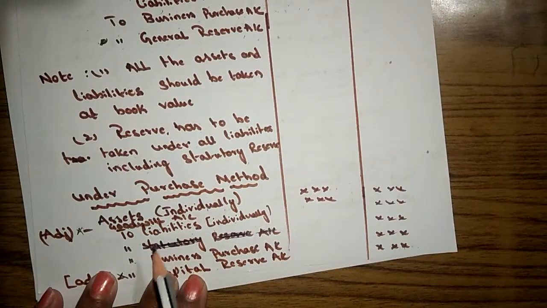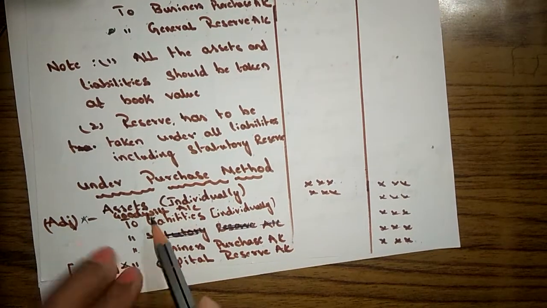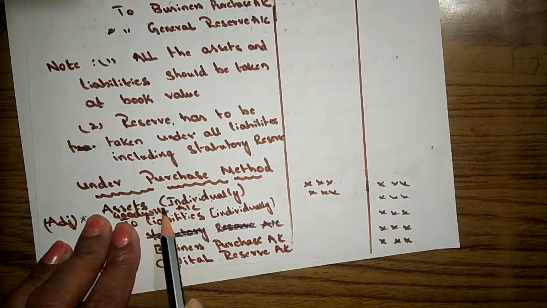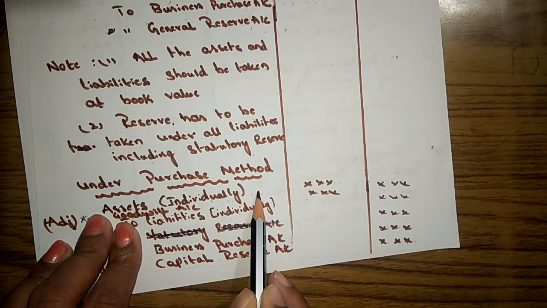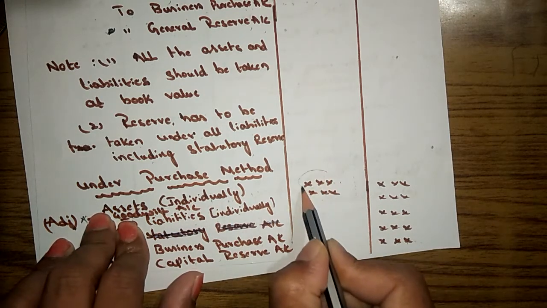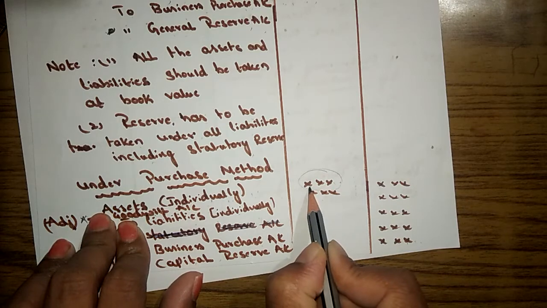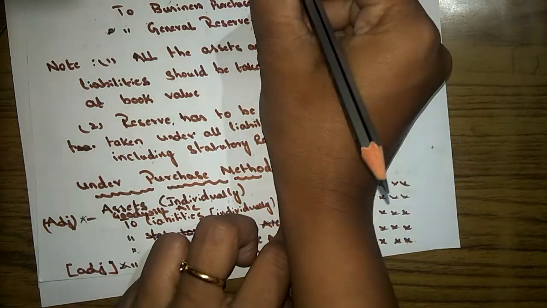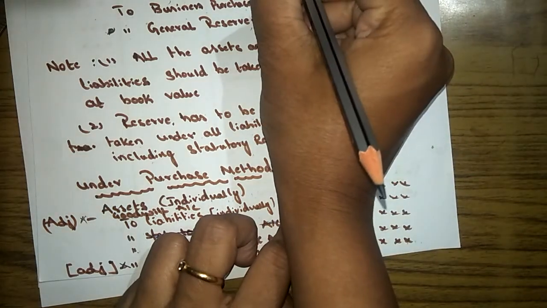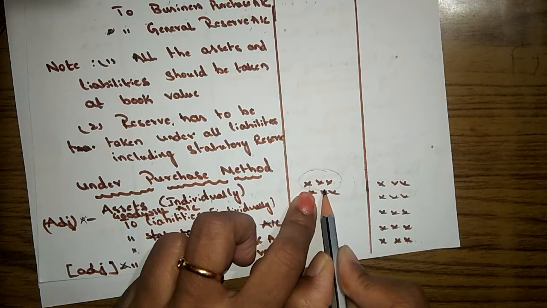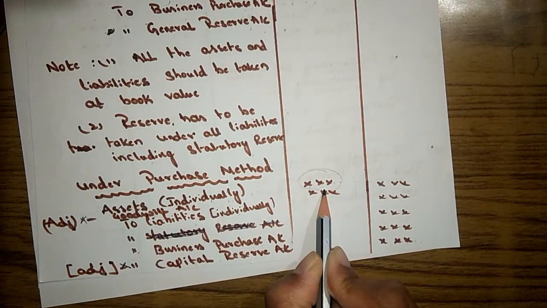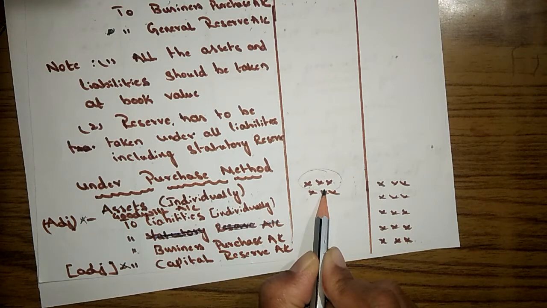So one more thing I want to clarify over here. Only those assets which are taken over by the purchasing company should be at market value. Under pooling interest all the assets are taken over at book value, here at market value. So these are the two main basic differences.